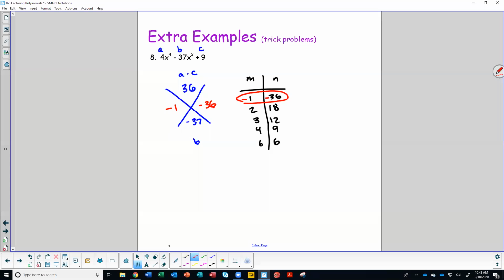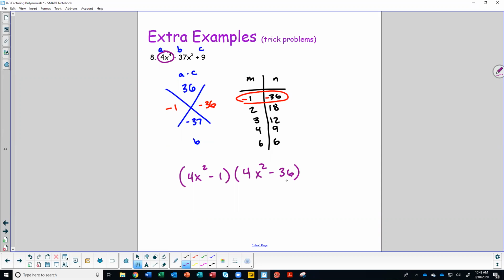Now remember how I've been saying you got to split the power of A? So I'll split this and it becomes 4x squared, because the power of 4 splits and becomes half of that, which is x squared minus 1, and then 4x squared minus 36.